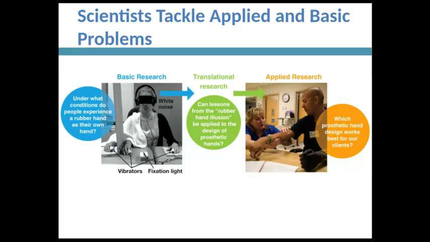When we apply this principle or this basic research to something specific, we can ask, based on this, which prosthetic hand design works best for your client to make it feel real, maybe so that you can control it, or that it tricks your brain into thinking that this is your real hand. That's where you apply it to something specific.